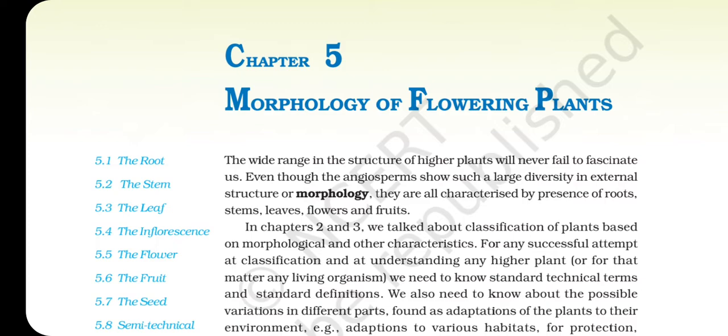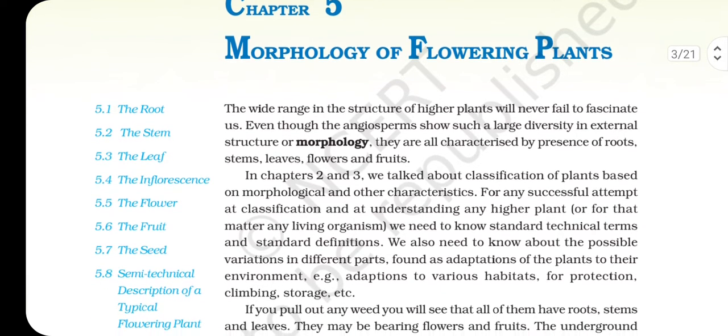The wide range in structure of higher plants will never fail to fascinate us, even though the angiosperms show such a large diversity in external structure or morphology. They are all characterized by the presence of root, stem, leaf, flower, and fruit. In chapters 2 and 3, we talked about the classification of plants based on morphological and other characteristics.